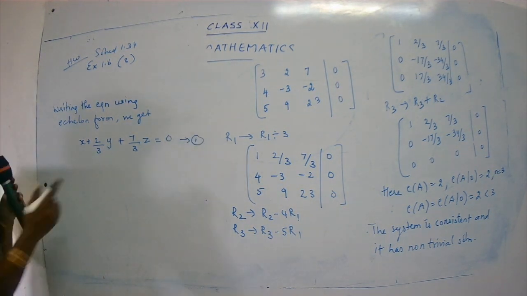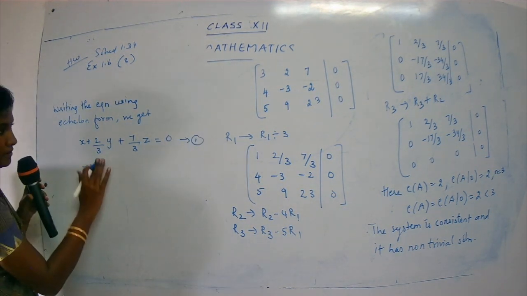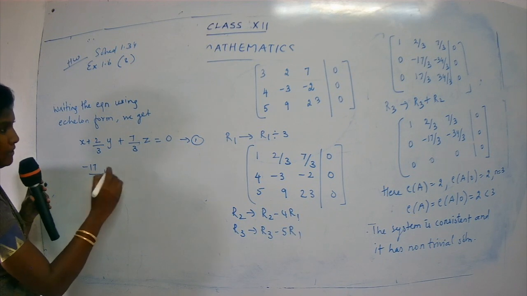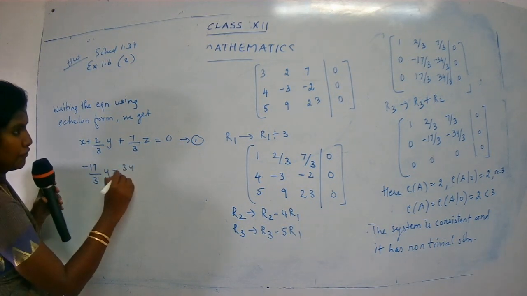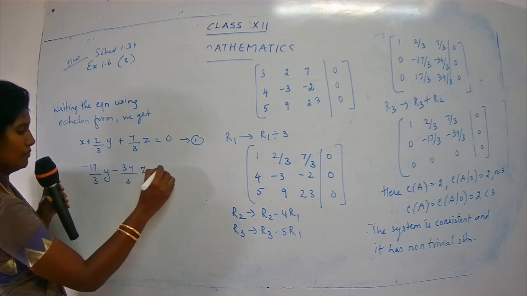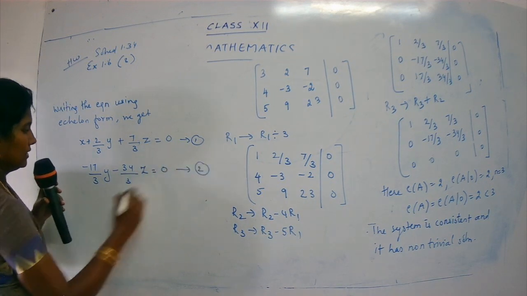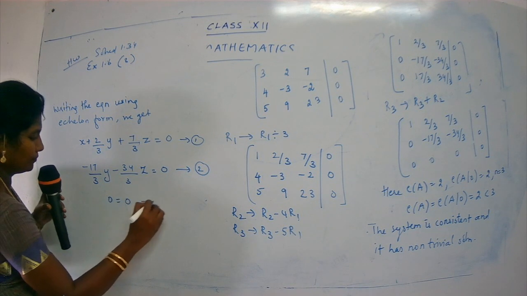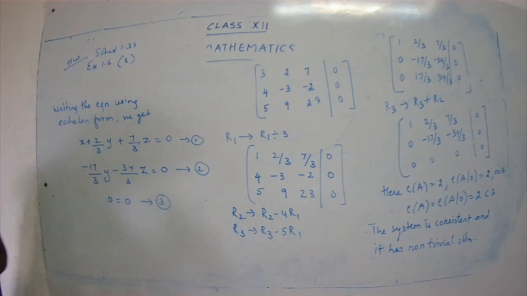Second equation, minus (17/3)y minus (34/3)z is equal to 0. This is equation 2. Last thing, 0 is equal to 0. Yes, we have 0 is equal to 0.